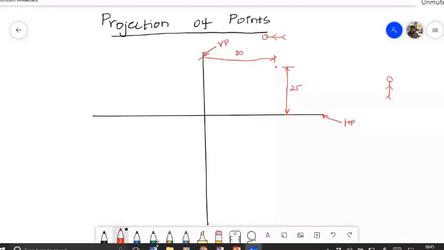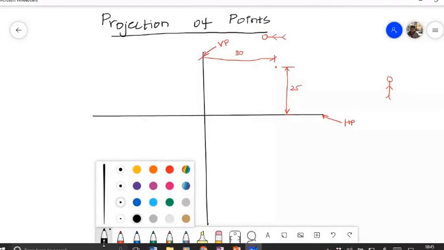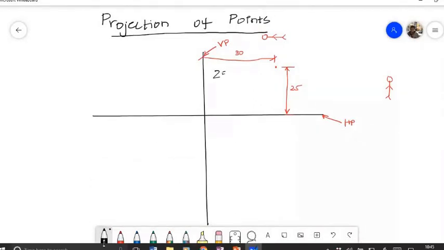For example, if I want to explain that, the point is 25 mm above HP and 30 mm in front of VP. If I say that, can you position the point in the first quadrant?